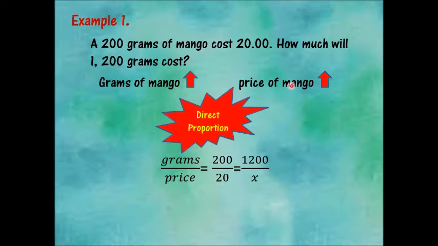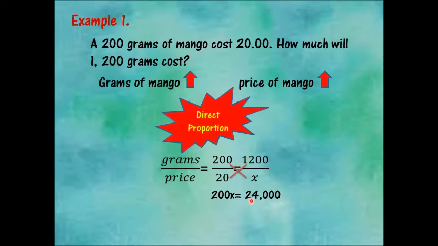Now, ang tanong, how much will 1,200 grams cost? So, yung grams natin, that is 1,200. And then, yung cost ng 1,200, that is X. Anong gagawin natin ngayon dyan? We're going to cross-multiply the ratio. So, it will become 200 times X, that is 200X.